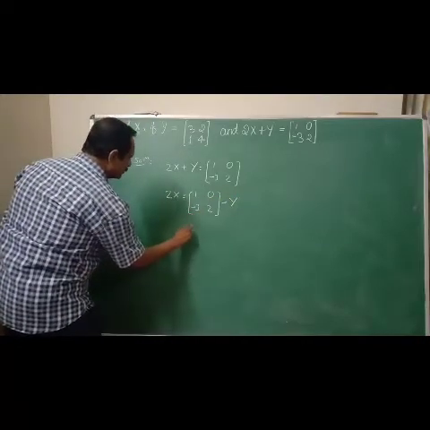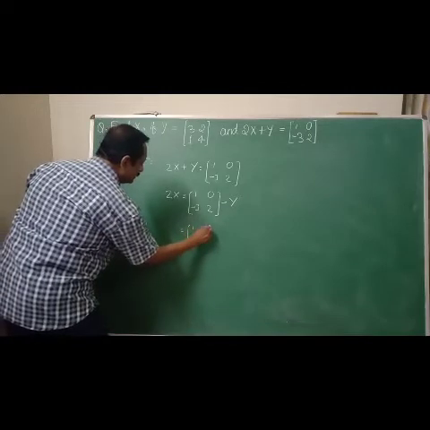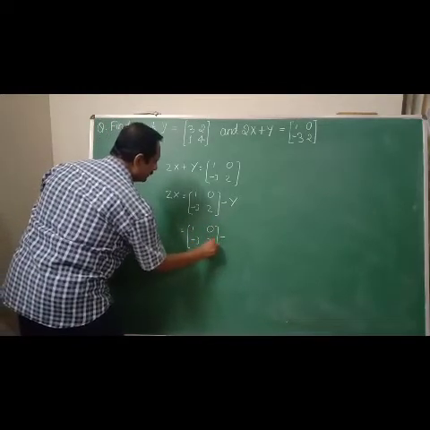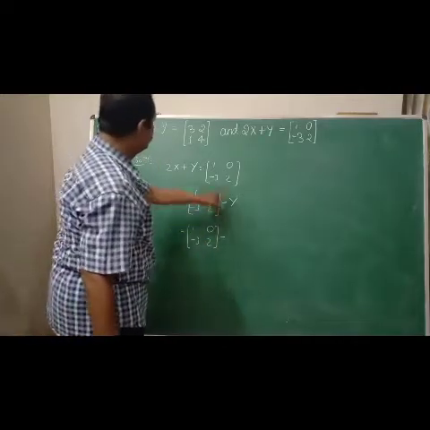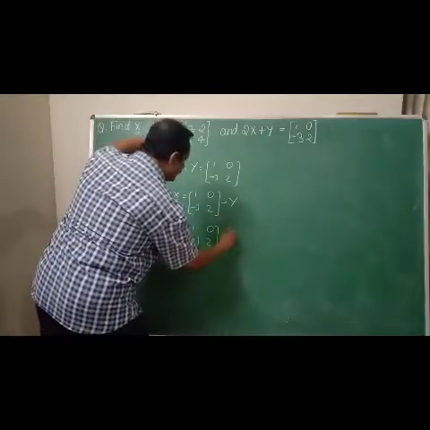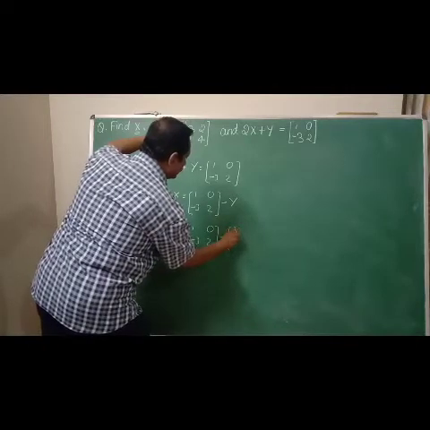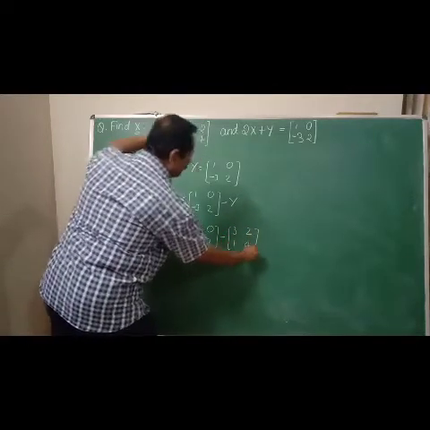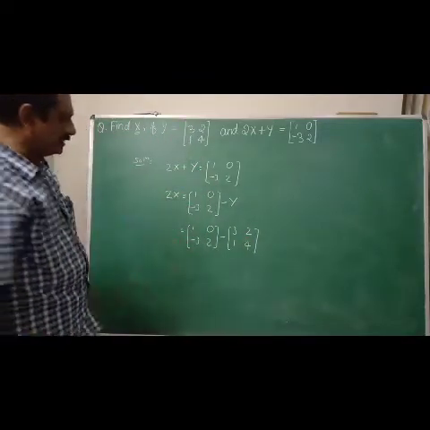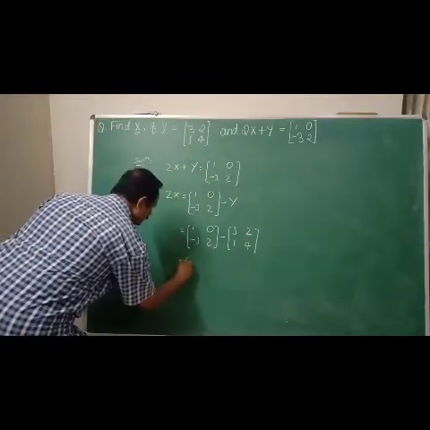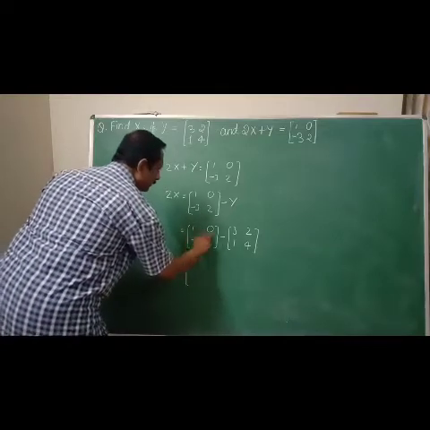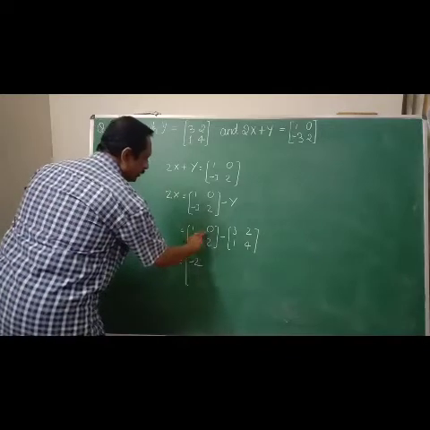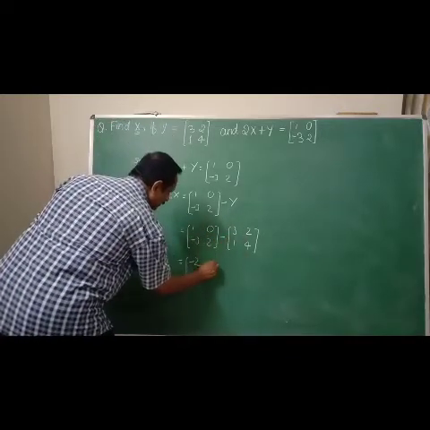Therefore this is equal to [1, 0; minus 3, 2] minus the matrix Y, which is [3, 2; 1, 4]. Subtracting each element: 1 minus 3 gives minus 2. 0 minus 2 is minus 2.